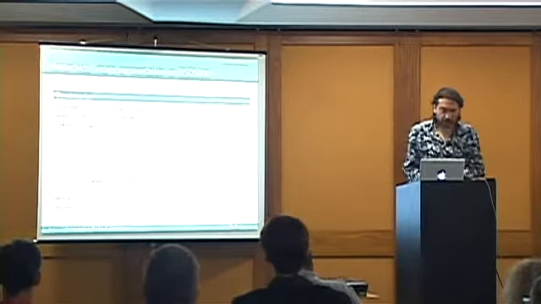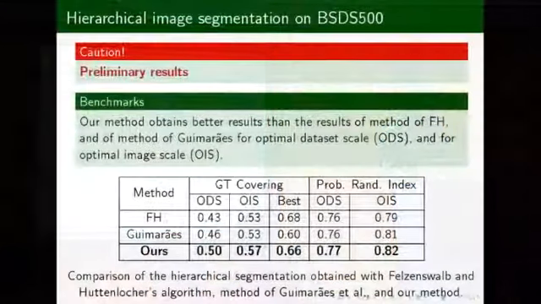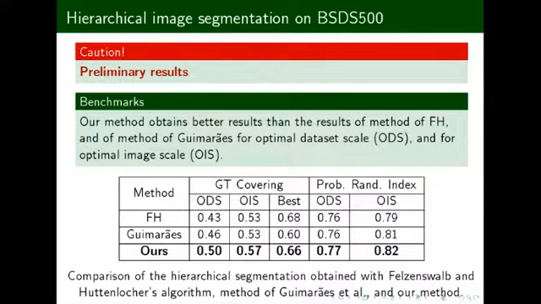Okay, so here is the first result of the evaluation. They have to be taken with care because there are a number of parameters that can be tuned here, meaning that, for example, the first one is on which energy, on which distance are you computing the first minimum spanning tree.